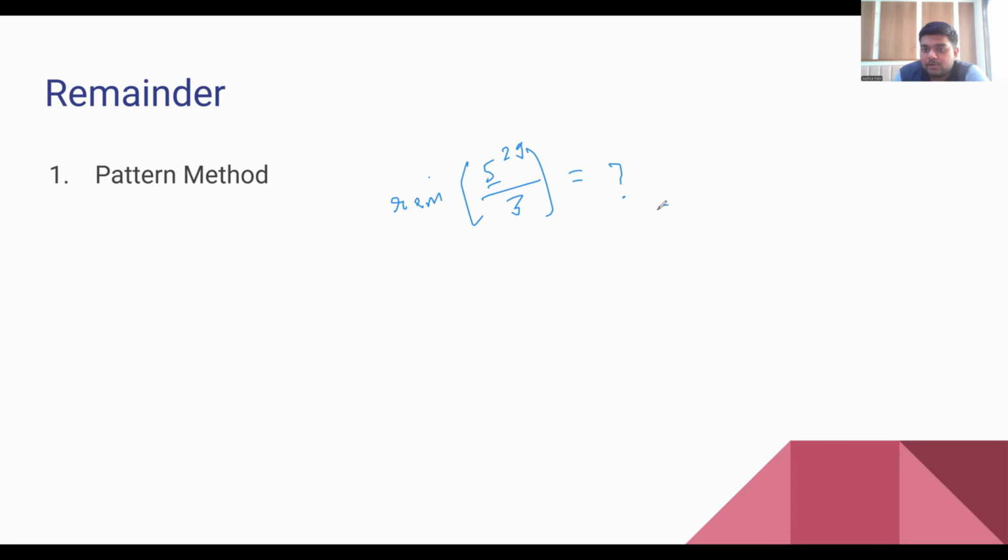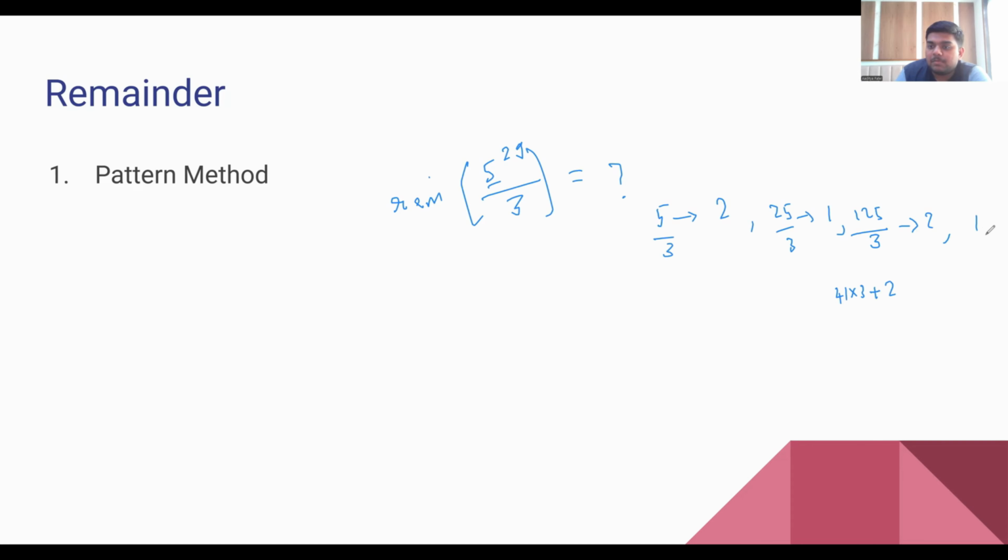So we can try to find out the pattern as when 5 is divided by 3, the remainder is 2. When 25 is divided by 3, which is 5 square, the remainder is 1. When 125 is divided by 3, so 125 is 41 into 3, which is 123 plus 2. So when this division is done, the remainder is 2.